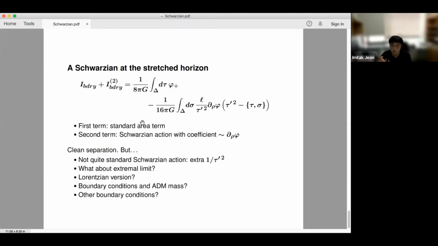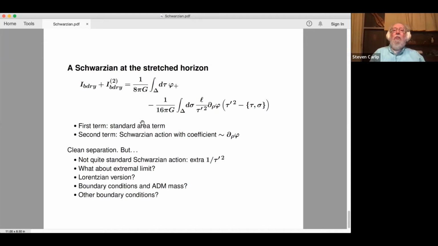So I see. Then from the ordinary Schwarzian action to go to the exactly extremal limit, is it a well defined process, from near extremal to extremal? I think it is.